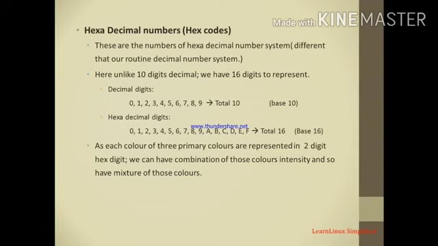For example, body BG color equals hash 001A5D. Here 00 represents red, 1A represents green and 5D represents blue. 00 means there will be no red color, 1A means a certain intensity of green and 5D means a certain intensity of blue, so we will have a mixture of green and blue color.